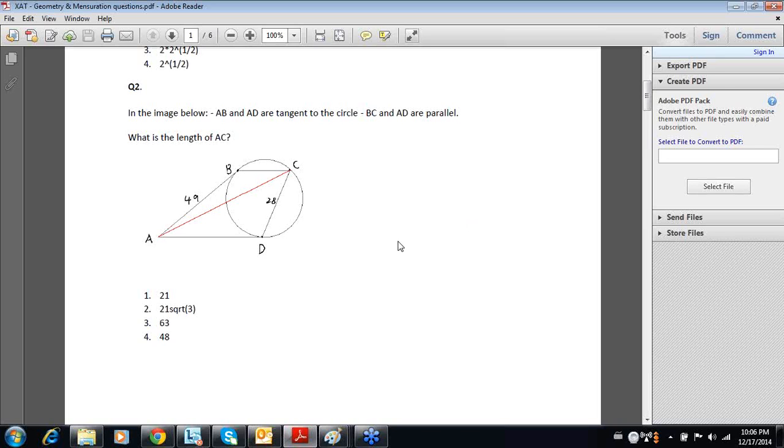In the given image, AB and AD are tangent to the circle. BC and AD are parallel. Okay, these two are parallel. Now, what is the length of AC?